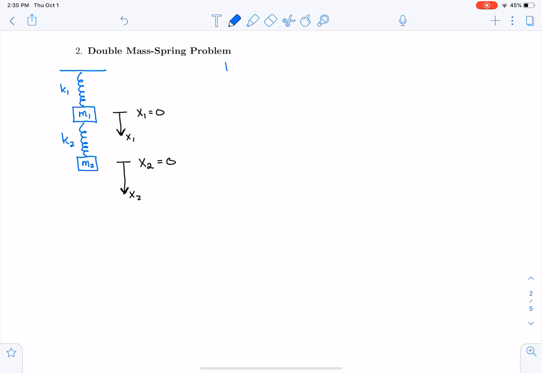So I'm going to use, again, Hooke's law. Hooke's law, of course, says the force of the spring is proportional to the displacement in the negative direction, so minus k times x.